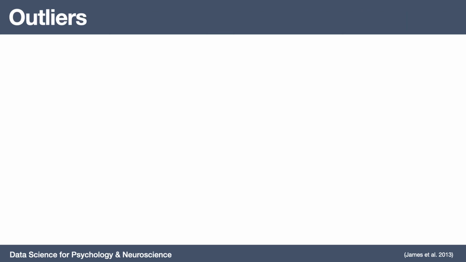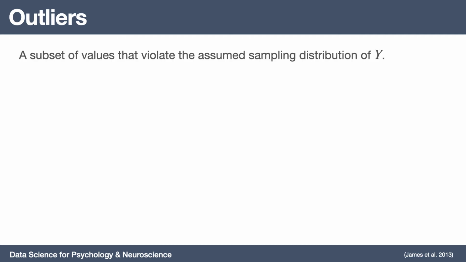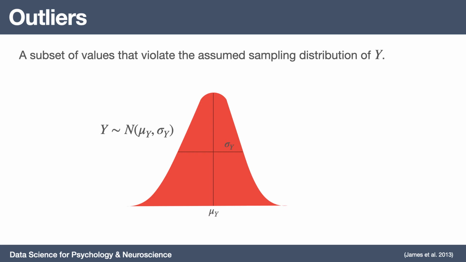First, you really have to watch out for outliers. In this case, outliers reflect a subset of values that violate the assumed sampling distribution of y. So let's say that I assume that y has a particular mean and a particular variance sampled from a Gaussian distribution, so this mu y and sigma y. If I have outliers that sit out here on the edge of the distribution, that violates that assumption of normality.